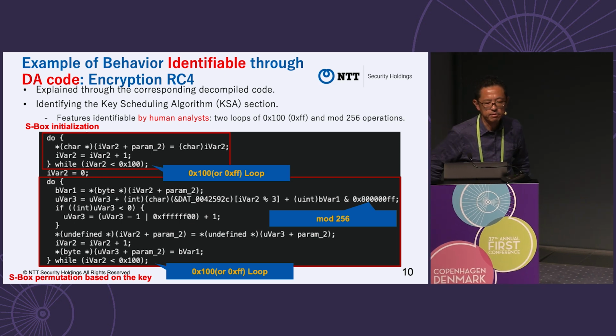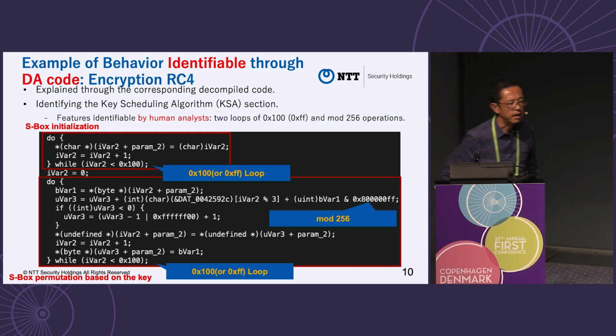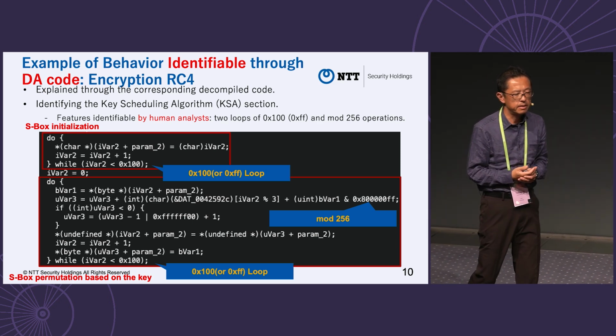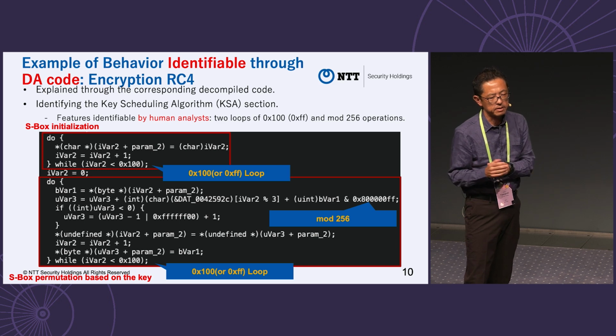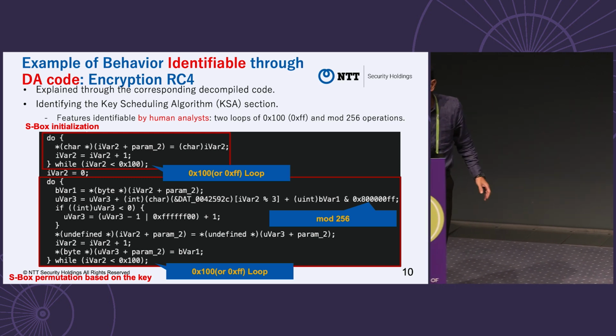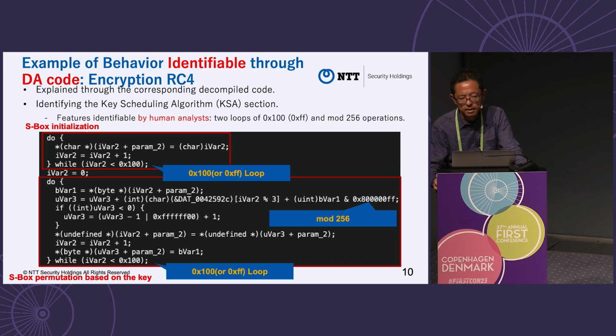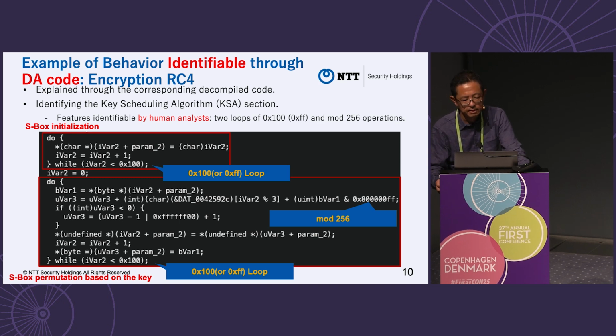Okay, the final example is behavior identifiable even through the disassembly code. This assembly code is hard to understand. This is the encryption category, RC4. First, I explain the key scheduling algorithm, KSA, features identified by human analysts in decompiled code.